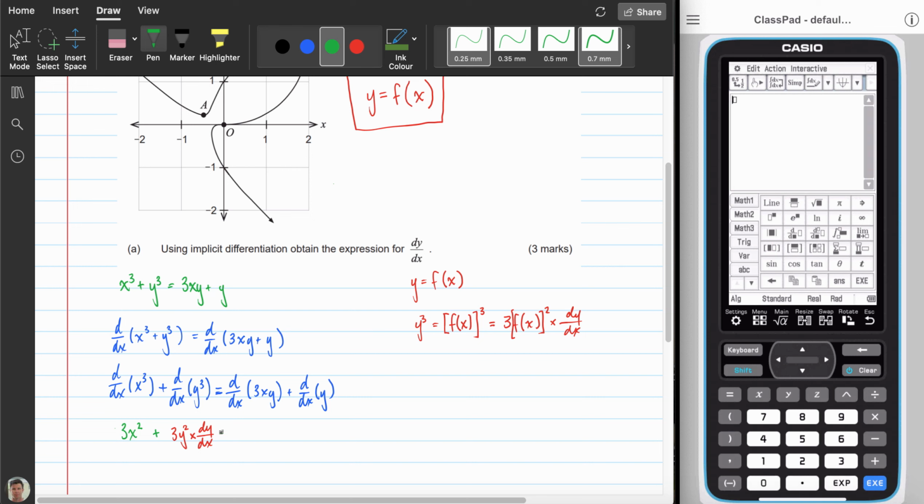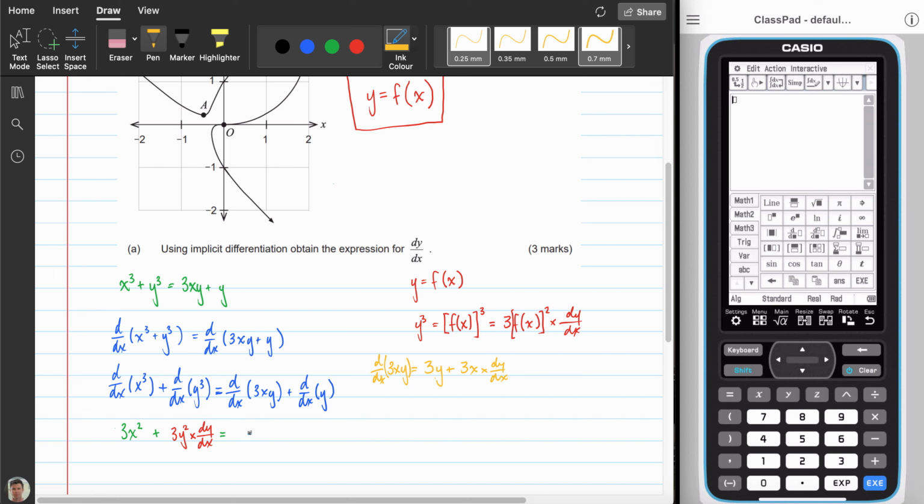Now that's equal to d dx of 3xy. Here, guys, we're going to use the product rule as well as the chain rule. With the product rule, if we have 3xy, the derivative is the derivative of the front function, which is 3x, with respect to x, which is just 3, times the back function, which is y, plus we leave the front constant, and then we take the derivative of y with respect to x, which in this case, like the one above, is times dy dx.